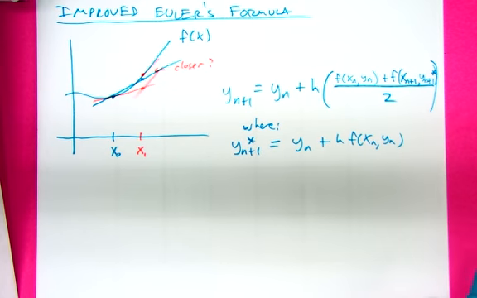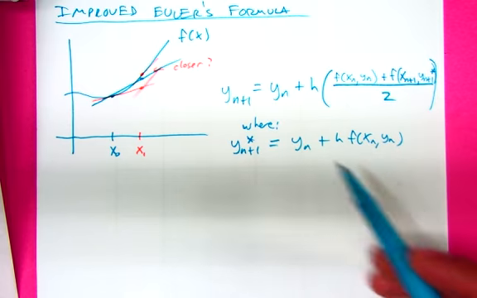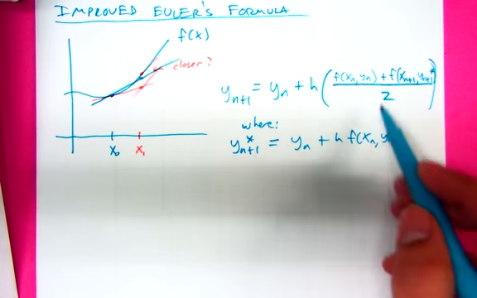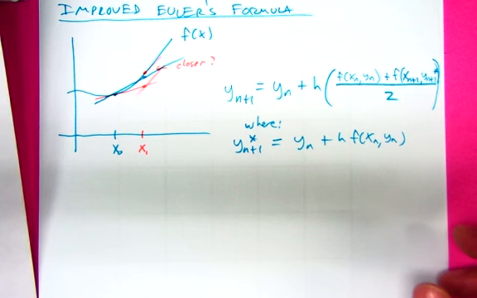So basically you start out by doing Euler's method the way we did yesterday. You get that slope, and then you plug it back into the formula to get what the next slope would have been, average that, and then plug it into the formula. So not improved as in easier? No, improved as in more accurate, not as in less work.